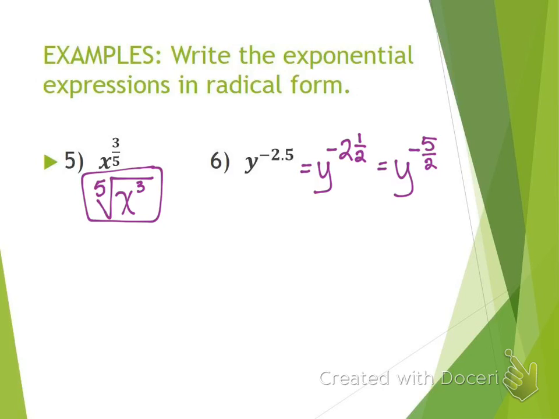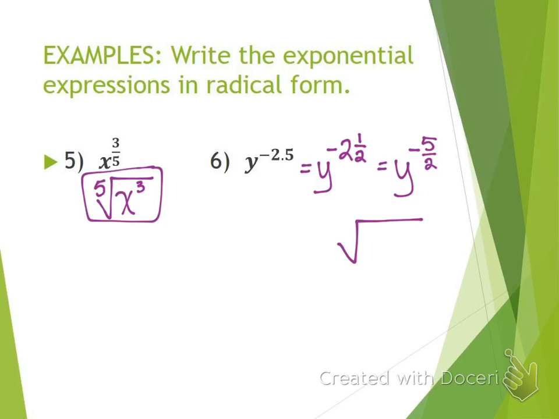Don't do that. If you need to, just use a calculator to help you. Most calculators can take a decimal into a fraction. If you need help figuring out how to do that on your calculator, let me know after notes and I will assist you. Okay, now that we have it as a fraction, we're ready to change it into a radical.